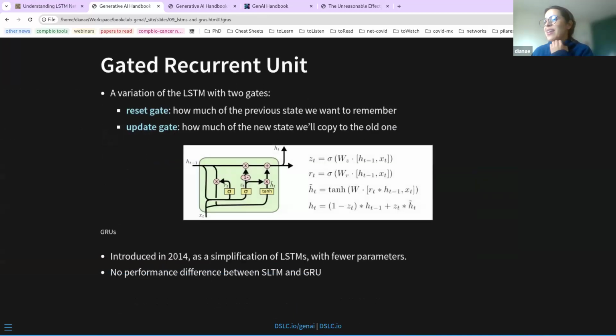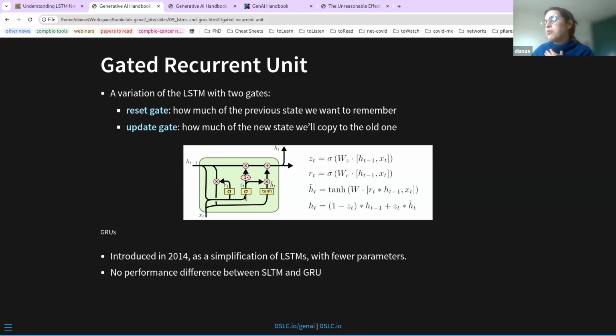Okay, and finally, the gated recurrent unit. They are a variation of the long short-term memory networks, and they only have two gates. A reset gate that is gonna select how much of the previous state we want to remember, and an update gate that's gonna say how much of the new state we want to copy. They were introduced in 2014, so they're actually a simplification of the LSTMs, because they have fewer parameters, fewer functions.